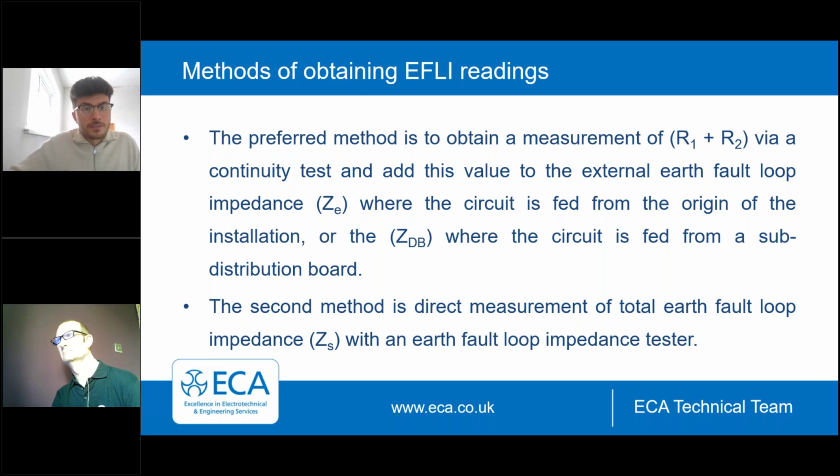The preferred method is to obtain a measurement of R1 plus R2 via a continuity test and add this value to the external earth fault loop impedance, the ZE, in the case that the circuit is fed from the origin of the installation, or add the R1 plus R2 to the ZDB where the circuit is fed from a sub-distribution board. That then gives us the total earth fault loop impedance.